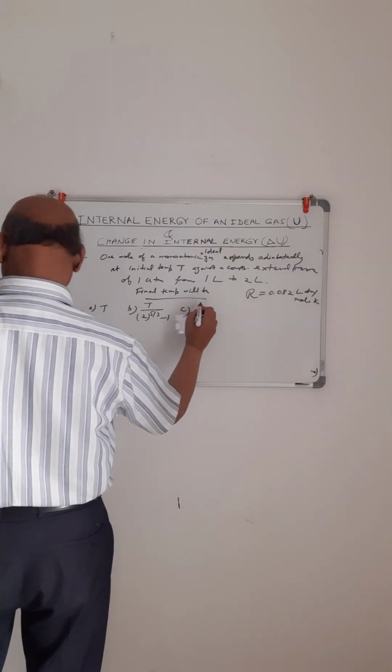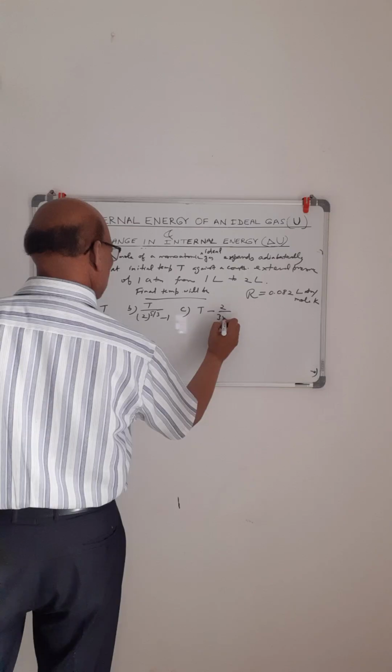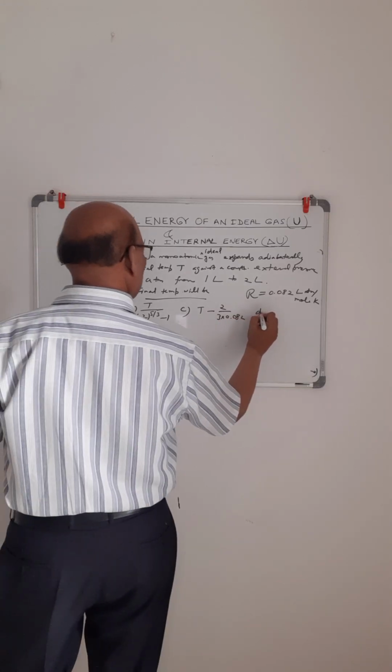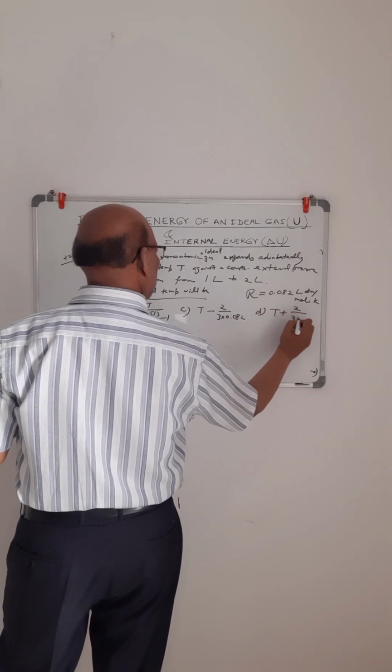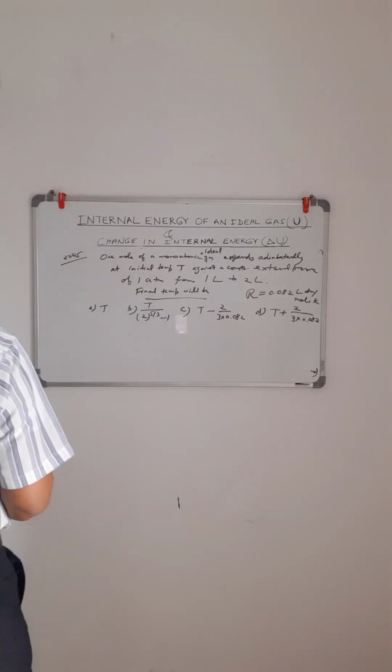C option is T minus 2 upon 3 into 0.082, and the D option is T plus 2 upon 3 into 0.08. So these are the various options given to us.